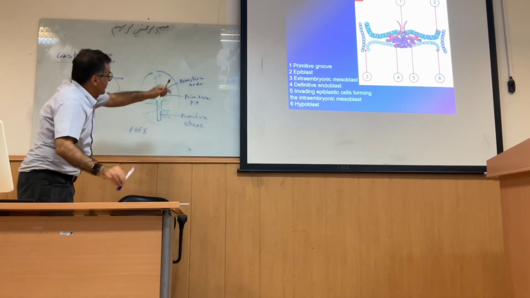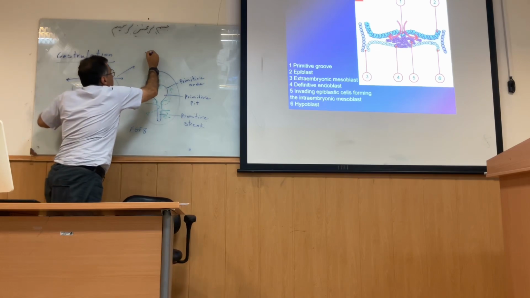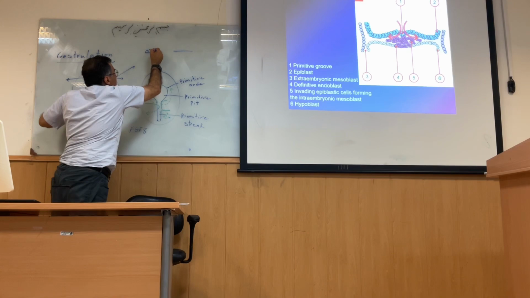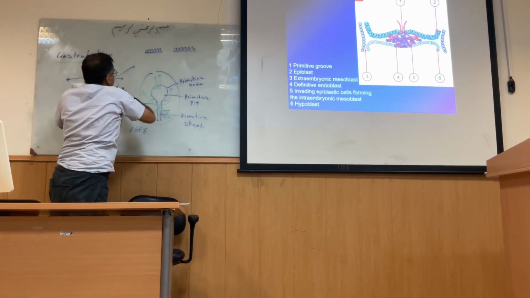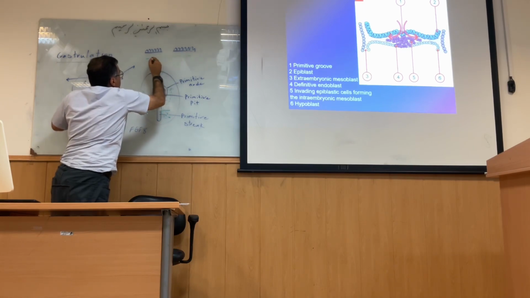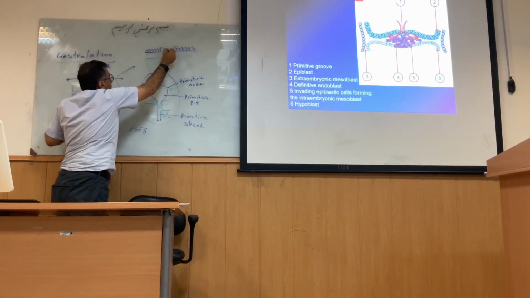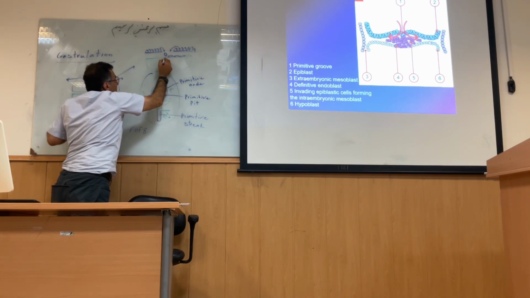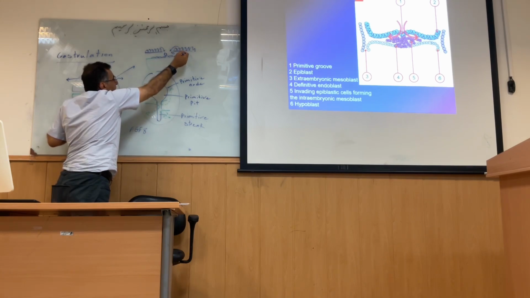If I draw the pictures again like this one, after the formation of the primitive streak, this is the epiblast cells, this is the hypoblast, and those cells go down. First of all, the hypoblast cells are replaced by these cells that come down from the epiblast.